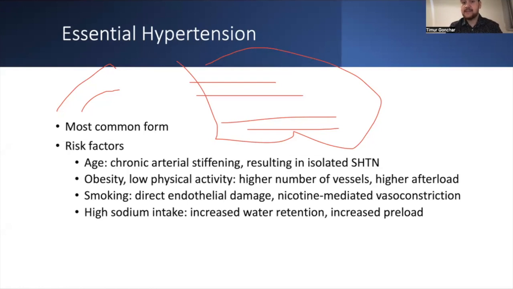This is the high sodium intake, because if you consume a lot of sodium, your kidney will also have to retain water to basically maintain the sodium concentration in our blood, which will result in increased preload, which is basically the amount of fluid, the amount of blood our heart has to pump, which would then result in elevated blood pressure.